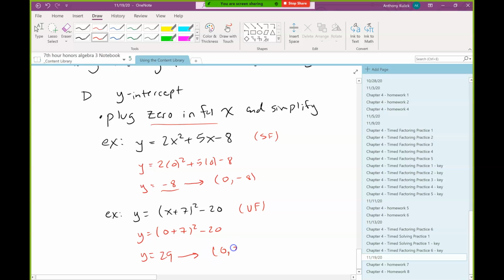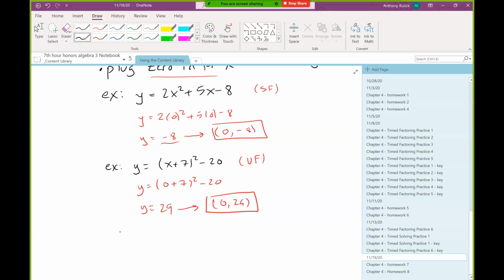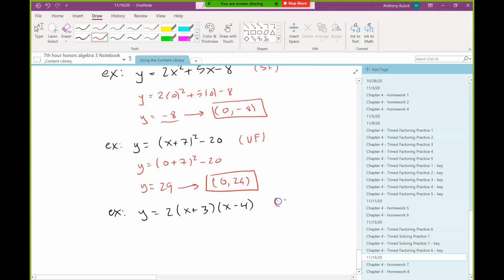So my y-intercept is 0, 29. Or if we had an intercept form, again, nothing is going to change.